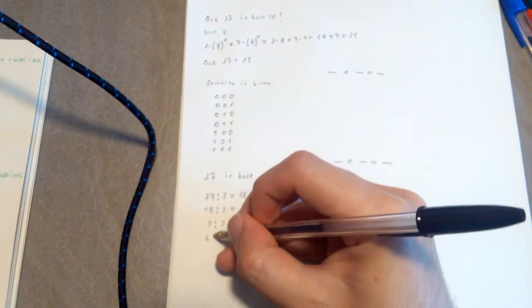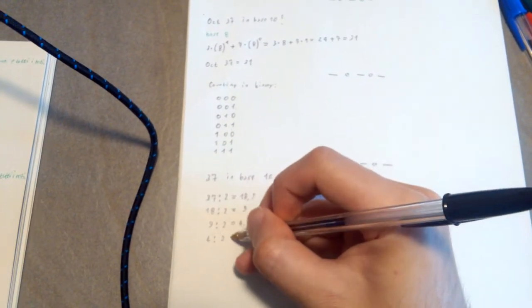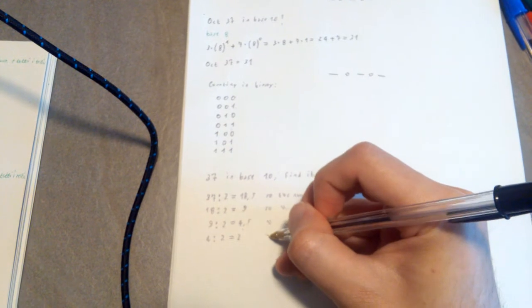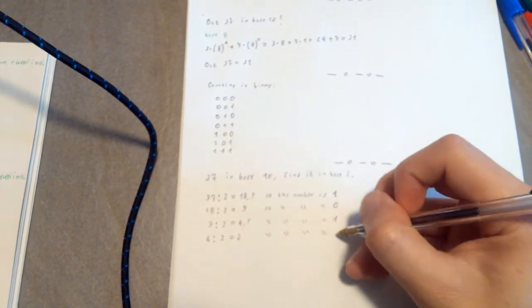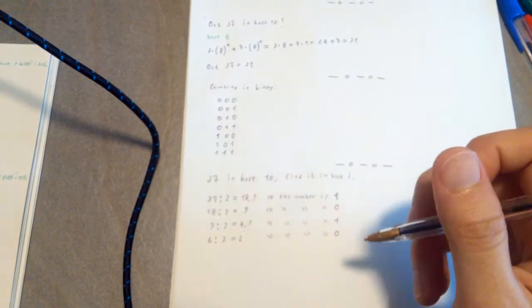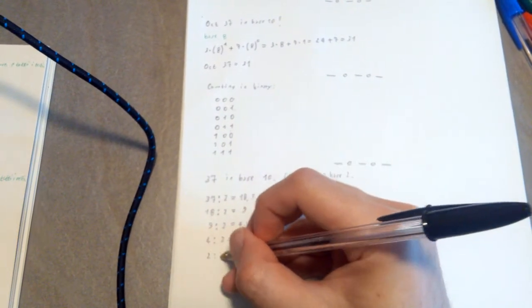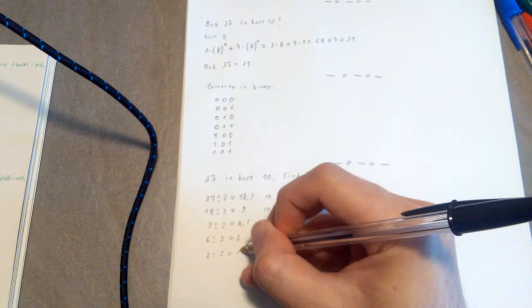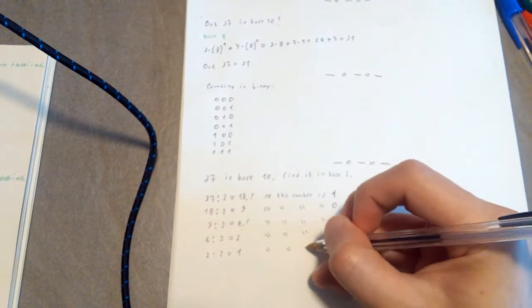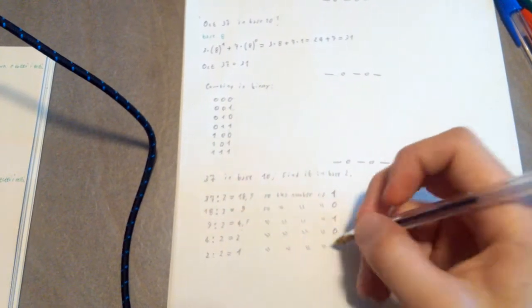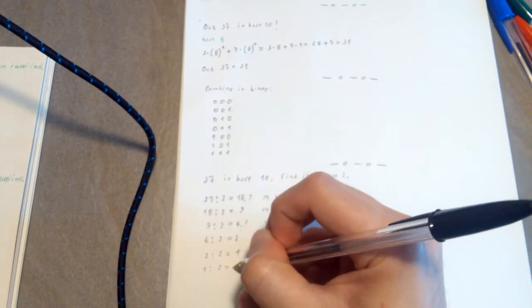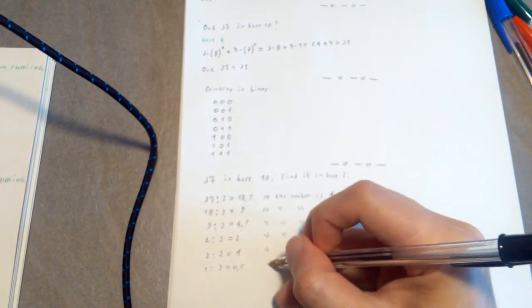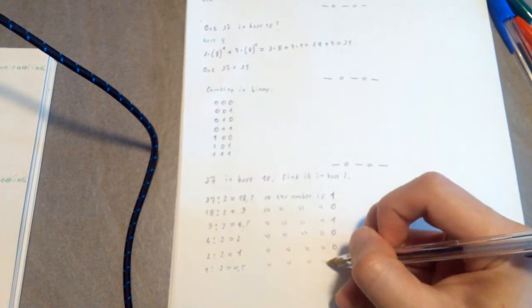Then we do 4 divided by 2, which is 2. So we have 0. And then we have 2 divided by 2, which is 1. So we have 0 again. And then 1 divided by 2 is 0.5. So the last one is going to be a 1.